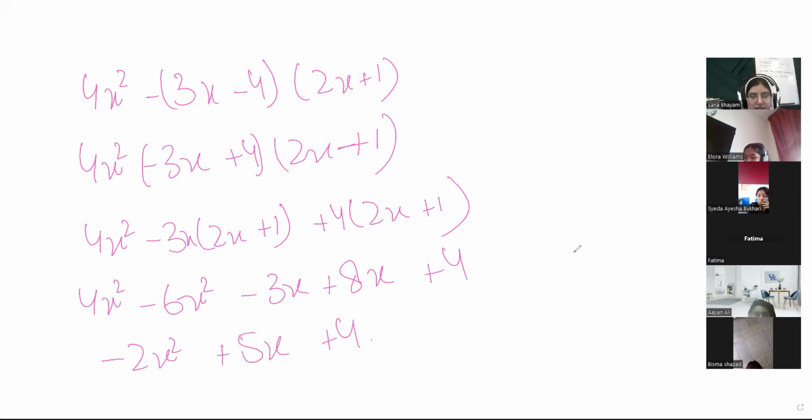This is the answer that we have. So is it clear? The mistake that we had was this minus sign. First of all, we need to multiply this minus sign while opening this bracket as well. Okay. Is this thing clear?